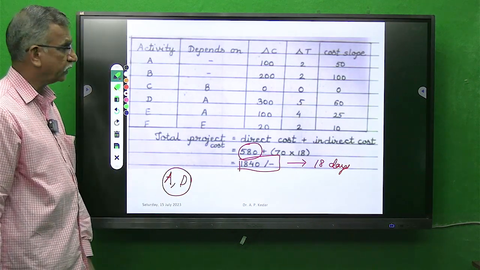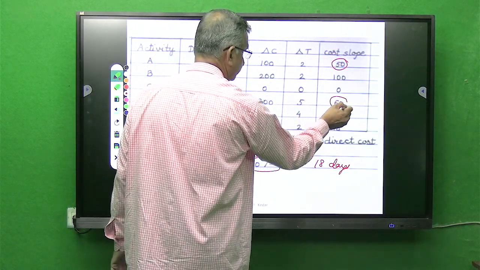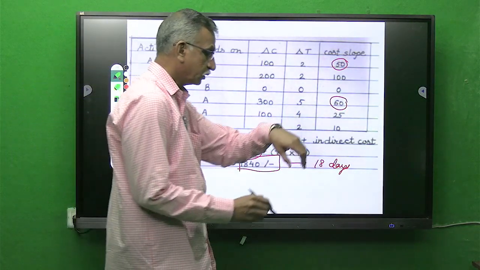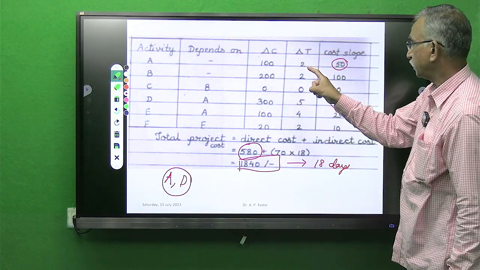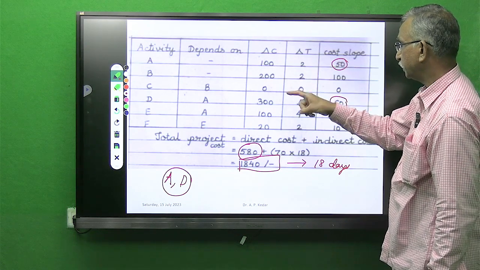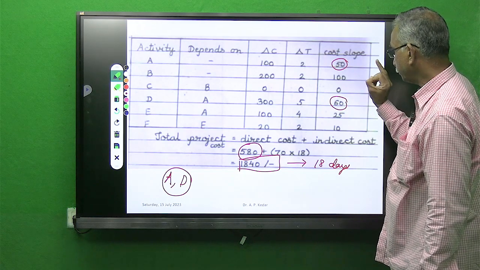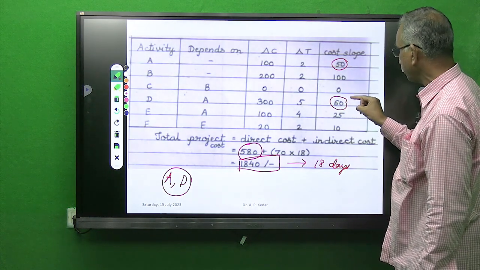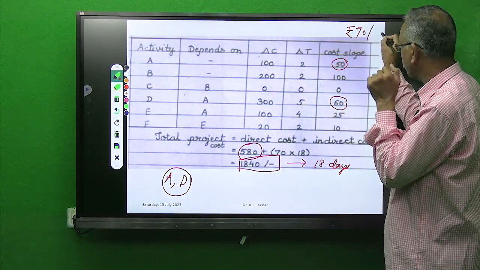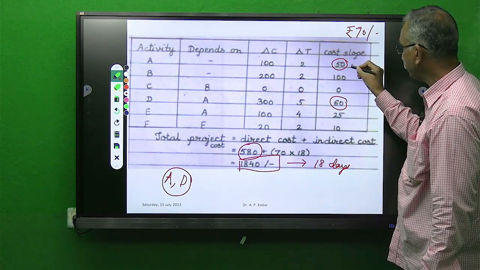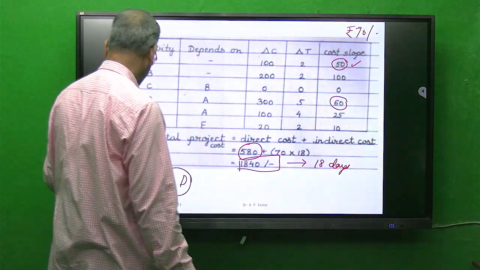Since A and D are critical activities, focus on the cost slope of A, focus on the cost slope of D. Students, A can be crashed by 2 days, D can be crashed by 5 days. Cost slope is 50 and 60. Compare this cost slope of 50 and 60 with rupees 70. 50 is less, so we will crash A first, then followed by D.